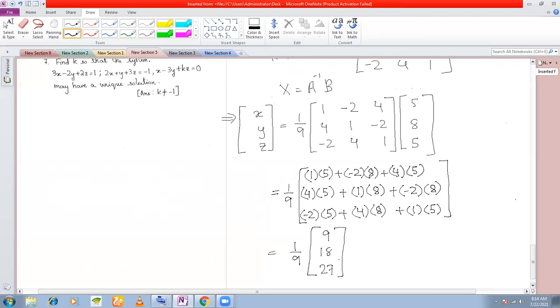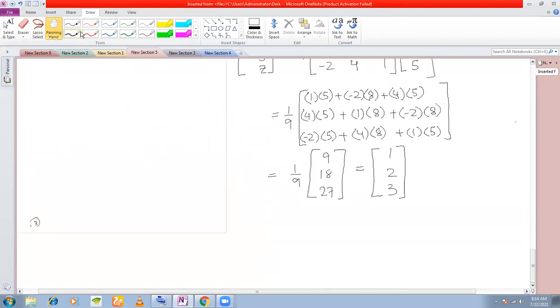Now you multiply the scalar 1 by 9 with all the elements of the matrix, you will get 1, 2, 3. So therefore, what is the solution of this system? The solution is x is equal to 1, y is equal to 2, and z is equal to 3. That's it. Any question? No, sir.